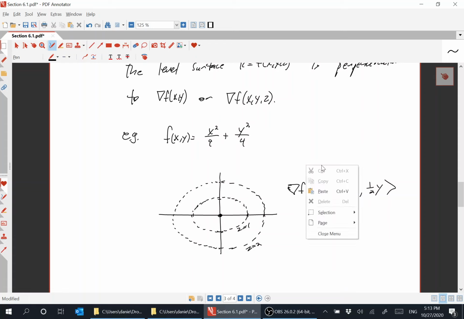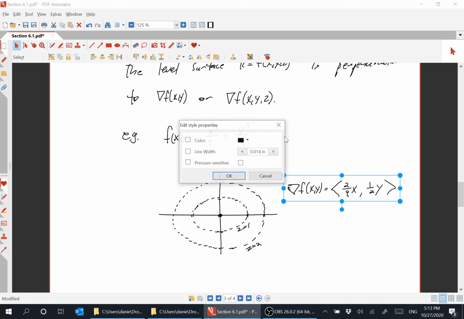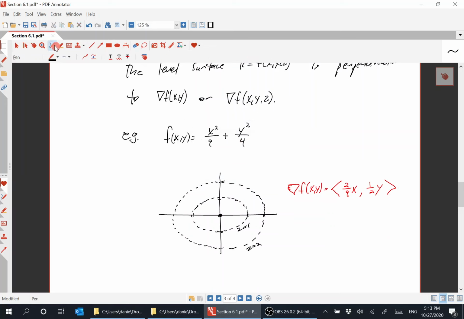And then, if we're to draw it, it remains perpendicular at every point, right?